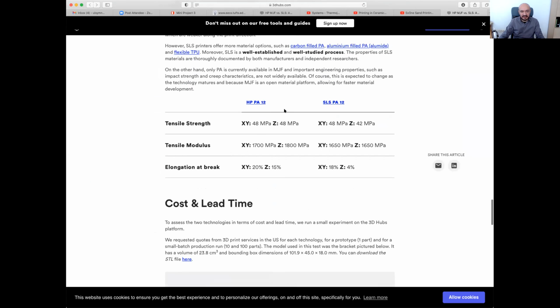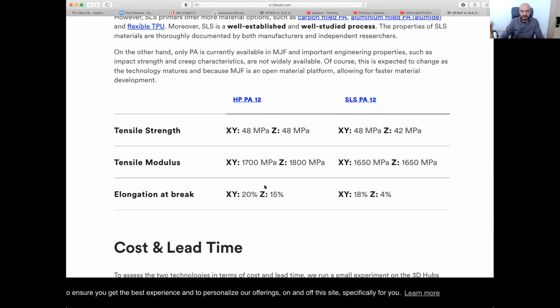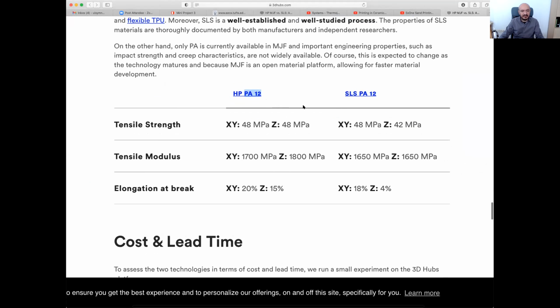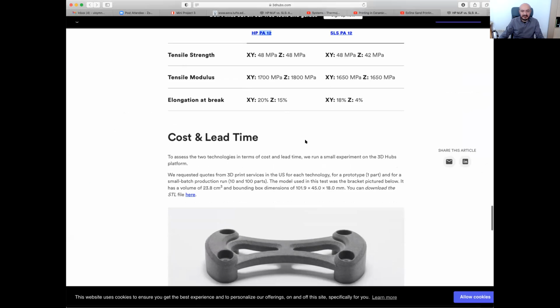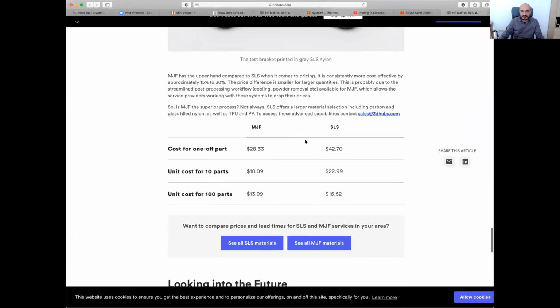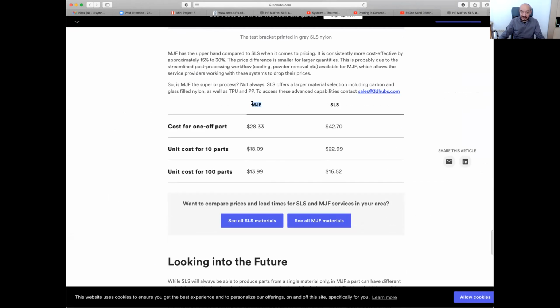And in terms of the material properties, they're almost the same if they use the same polyamide powders. And the thing is that in the multi-jet fusion system, they have a huge amount of shrinkage, about, I think, 20%, but the HP company is aware of this issue, and they try to adjust these things inside their CAM software, and once the part is produced, they will have the desired shapes.